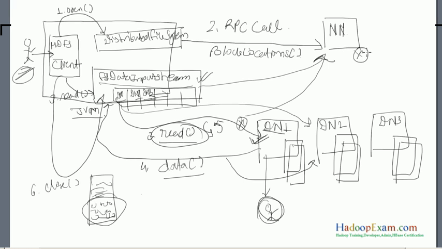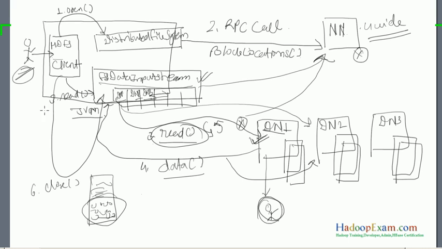This is a very important question from the certification perspective. From where is the data directly read by the client? It is directly read from the data node, and the name node just guides to the best data node for reading. It just guides where to read, which is the nearest location, which allows HDFS to scale to a large number of concurrent clients.